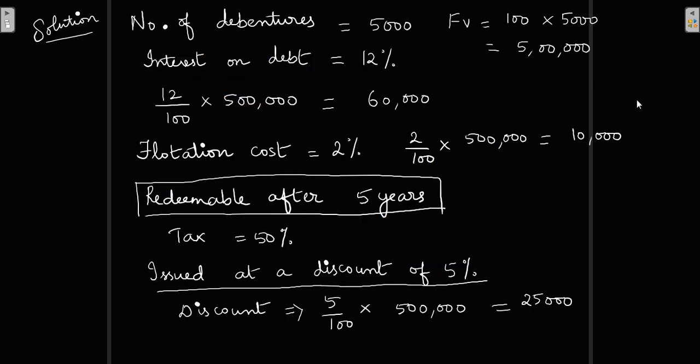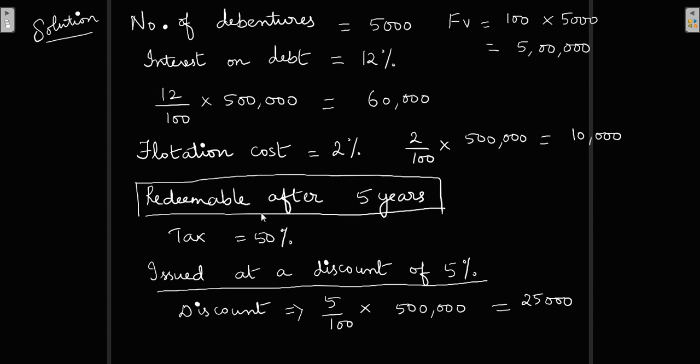So the number of debentures is 5,000, face value is 100 into the number of debentures 5,000 will give you 5 lakhs. Interest on debt, since it is a 12% debenture, 12 by 100 into 5 lakhs. Flotation cost is 2%. Flotation cost is issue expense, so you will calculate it on the face value.